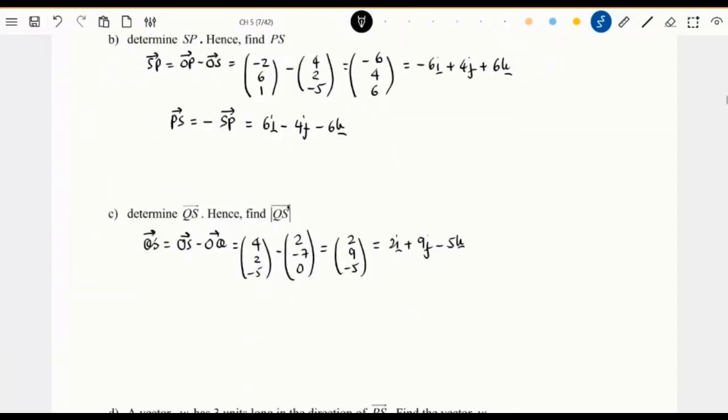For the magnitude QS, how to find it? Macam mana kita nak cari magnitude dia? Square root of 2 square plus 9 square plus negative 5 square.